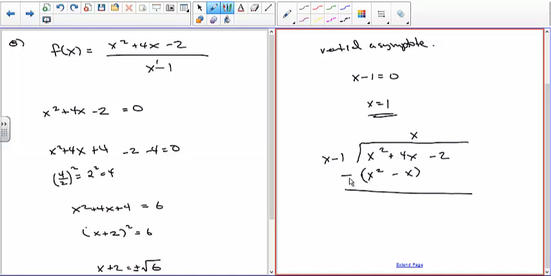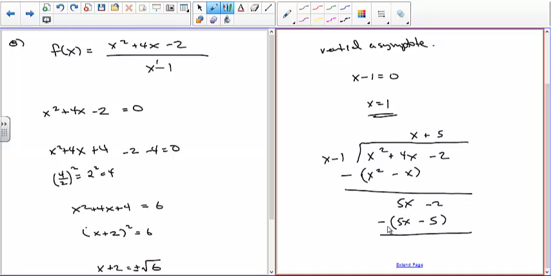A negative is a positive, so it's going to be 5x there. What do I need to multiply x by to get 5x? The answer is 5. 5 times x is 5x. 5 times negative 1 is negative 5. I'm just going to subtract both of them, and I've got my negative 2 up here, so bring that down.